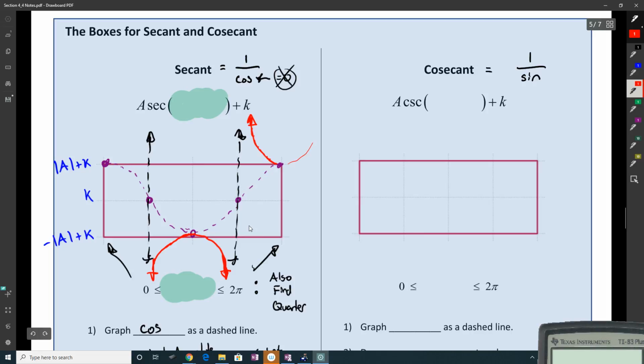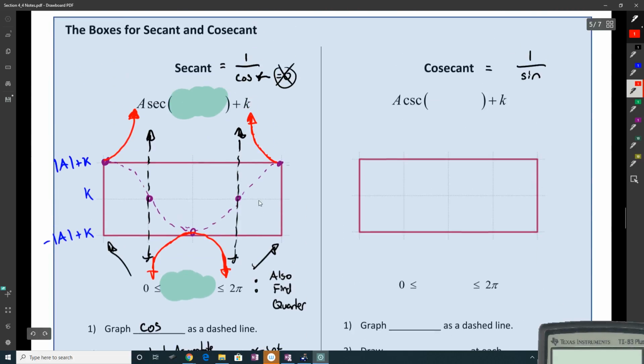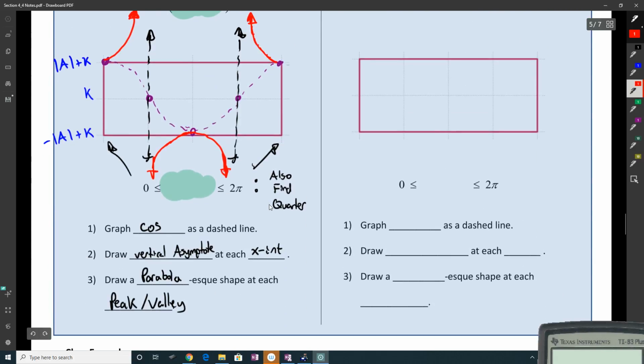Now the parabola would keep on going, but in terms of my box, it stopped. And there you go. The actual graph for secant is the red lines, but notice how we used the cosine to help us out. So that's secant. Cosecant is the same idea, except instead of cosine, it's sine.